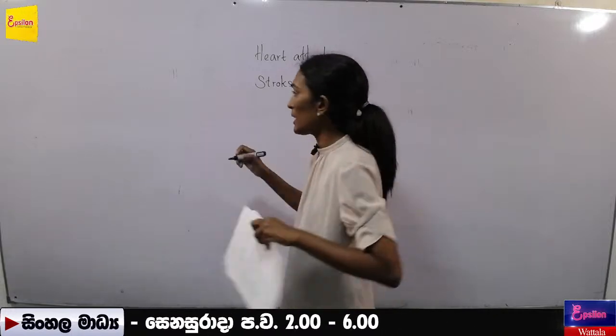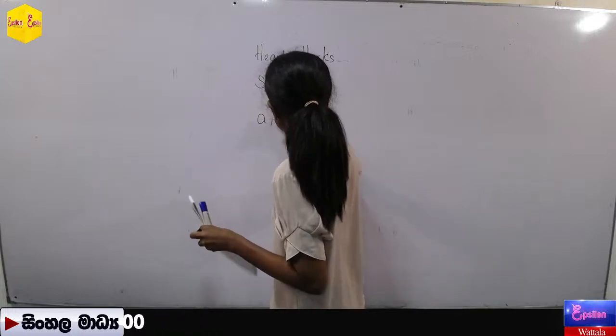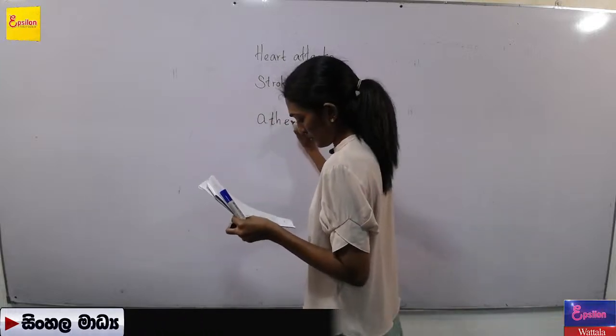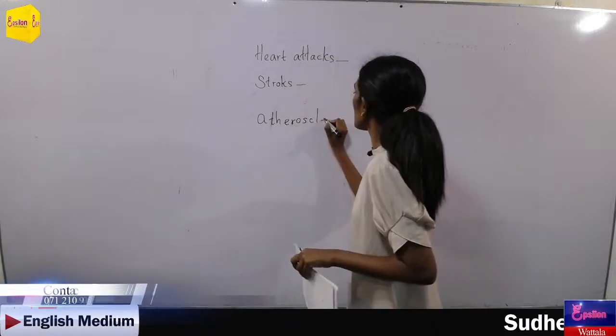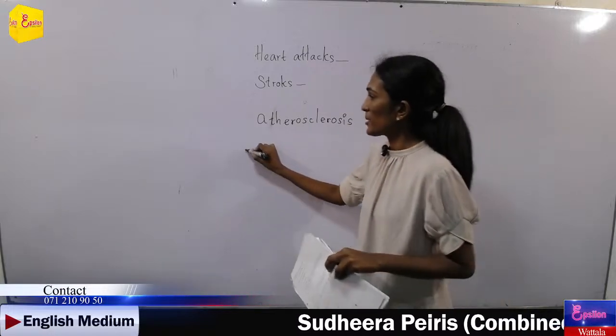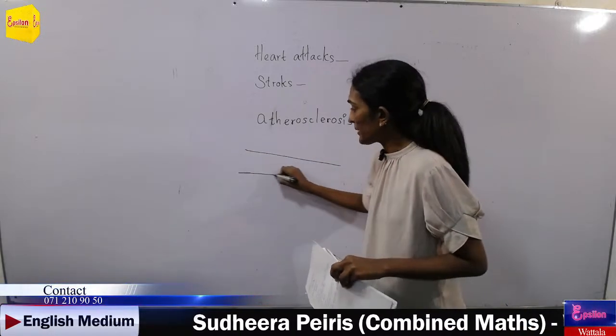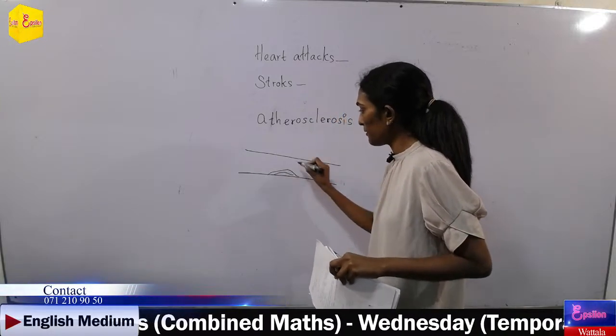There is something called atherosclerosis. What is happening in atherosclerosis? The arteries are narrowing due to deposition of fats.